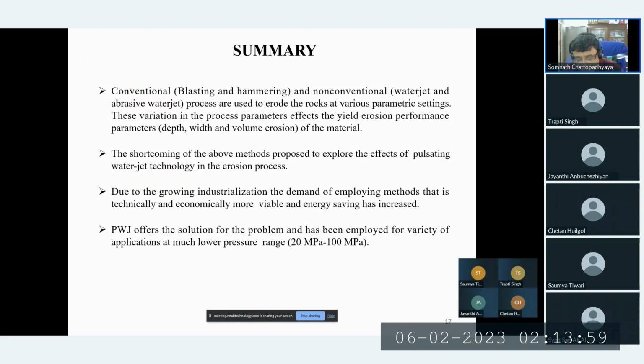Whenever the pressure is very, very high, like continuous water jet, enormous problems come out of implementation: high pressure water jet with high burst pressure, wear and tear, energy consumption, and handling of those pressures becomes very, very difficult. And whenever the only objective is erosion, pulsating water jet definitely gives a better result at lower pressure in comparison to the continuous water jet. And it doesn't have, like abrasive water jet, the problem of mixing abrasives.